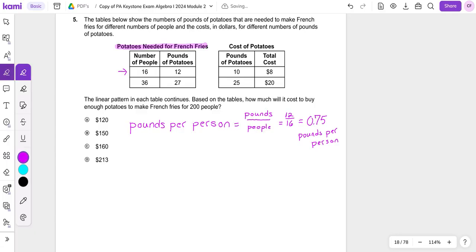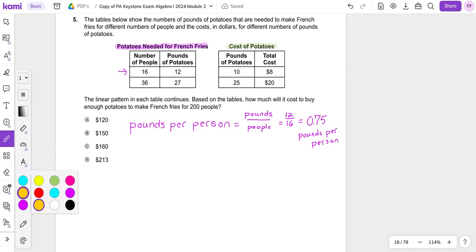Then I'm going to use the second table. And what the second table is going to be used for is calculating the unit rate of cost per pound. Once again, doing the fraction, the cost is the top part.